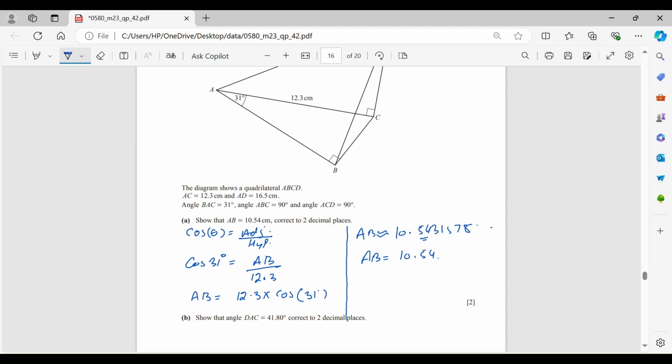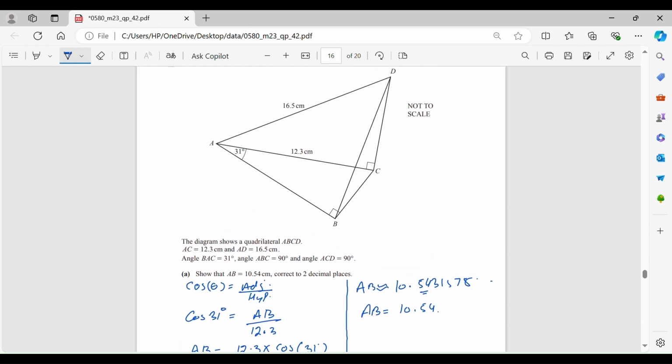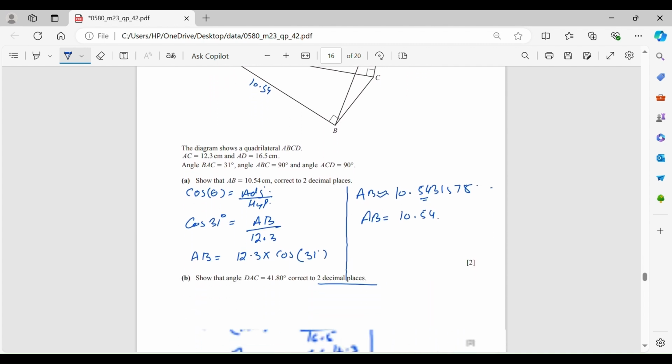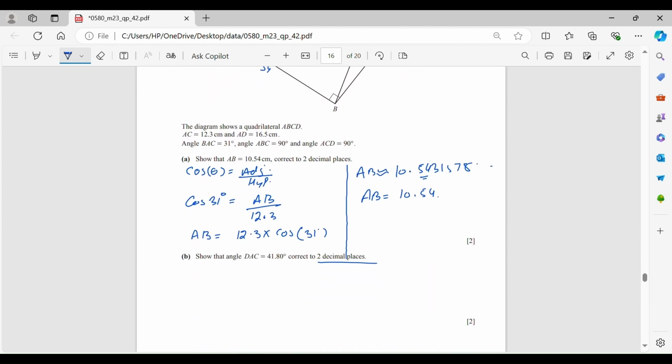Show that angle DAC is 41.80 corrected to 2 decimal place. Again, angle DAC, we have to find this angle, right? This is 10.54, right? Now we have to find this angle. So ACD is also a right angle triangle. So here also we can use cos theta.